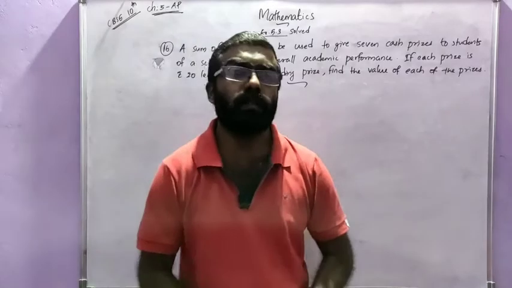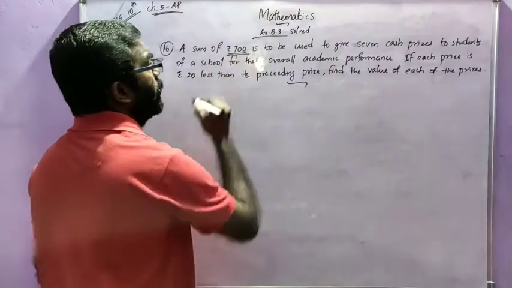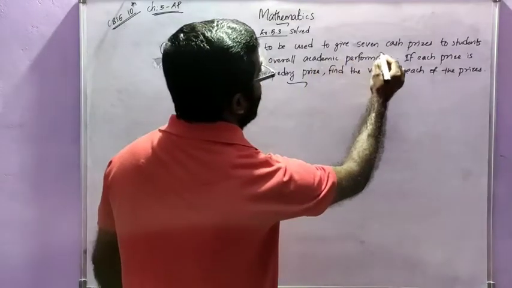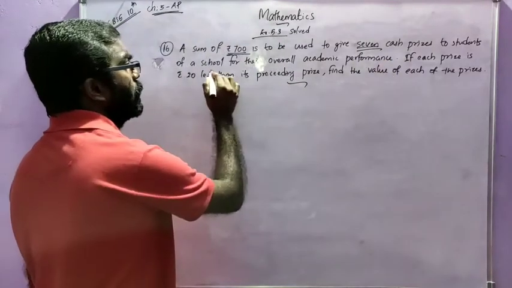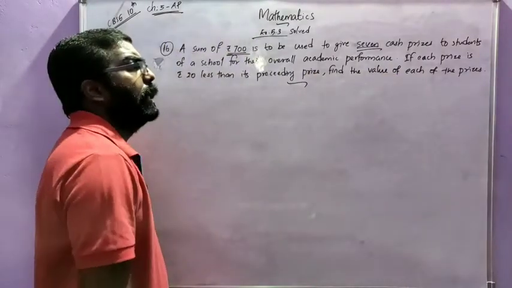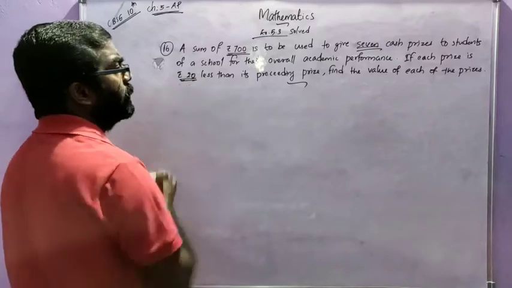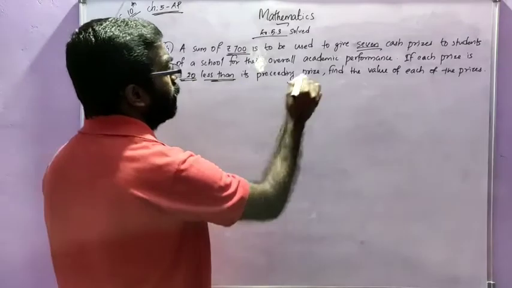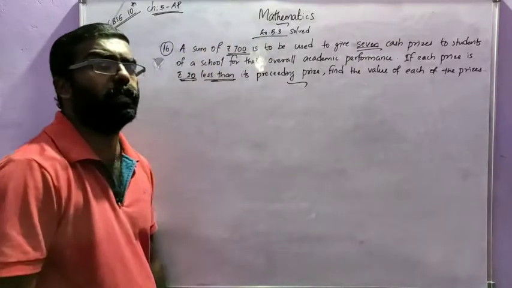Now we move on to the next question, and it is, a sum of rupees 700 is to be used to give 7 cash prizes to students of a school for their overall academic performance. If each prize is rupees 20 less than its preceding prize, find the value of each of the prizes.